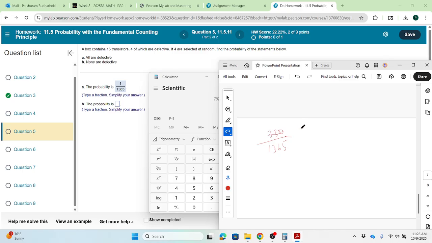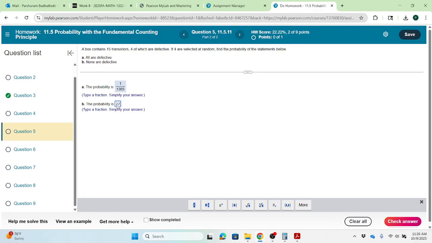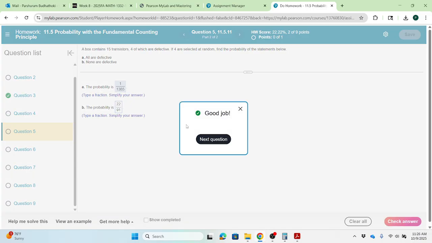Yes, this is divisible by 3, so it's 110 divided by 455, and then it's also divisible by 5. This is 91, so it's 22 out of 91. Keep in mind, your answer is supposed to be a fraction, and you need to simplify your answer. That's the only thing you have to be careful about here.